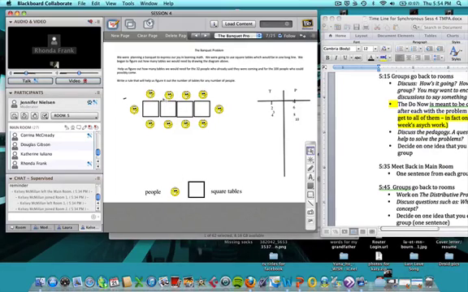And then once we do a couple more tables, let's look and see what's going on here.